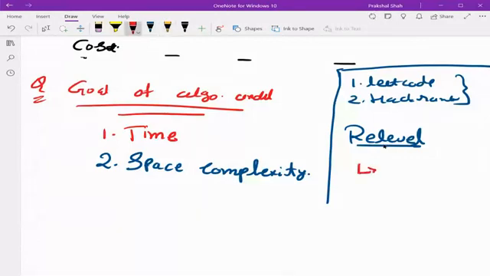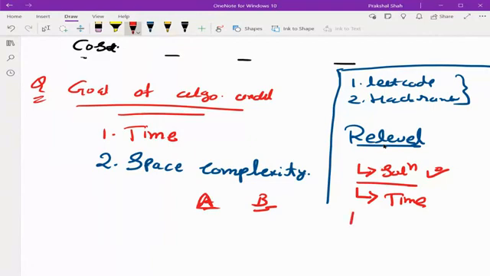The first one is, obviously, your solution should be proper, it should work. It should be correct. The second one: let's say one guy is A, one guy is B, both have correct solutions. Now I have to evaluate, as a compiler or interpreter, which is the better one. So I'll check the time complexity, and in rare cases, I'll check the space complexity. So this is very critical to learn, guys.